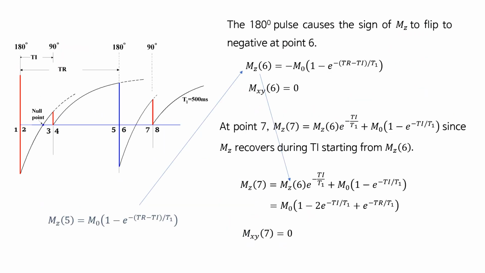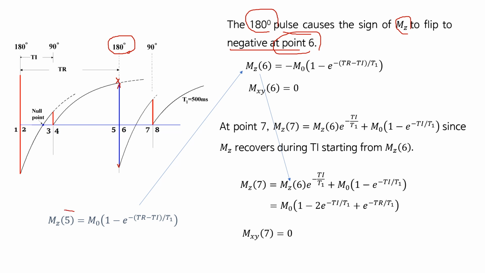Now at this moment, the 180 pulse causes the sign of Mz to flip to negative at point 6, right? So the 180 degree pulse reverses the direction of the longitudinal magnetization to negative, right?